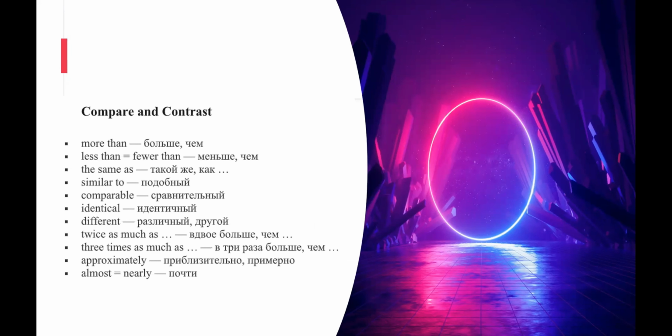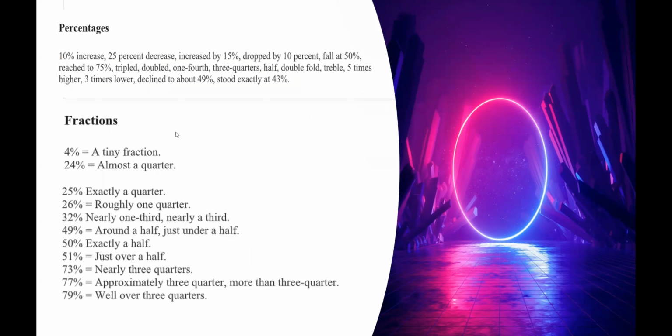More than, less than, the same as, similar to, comparable, identical, different, twice as much as, 3 times as much as, approximately, almost. Fractions and percentages. And fractions are also the most important, yeah. And percentages. Be careful.